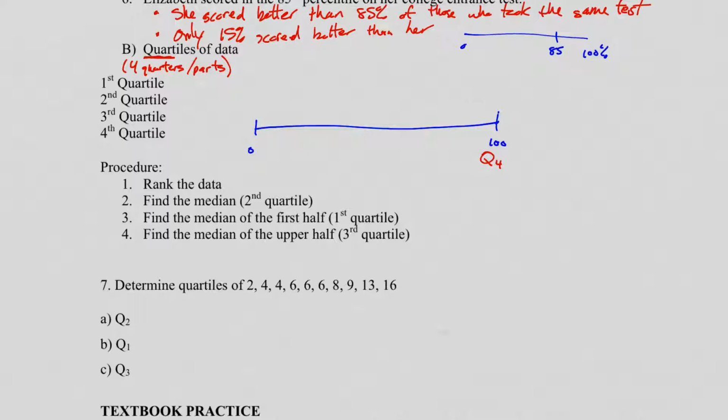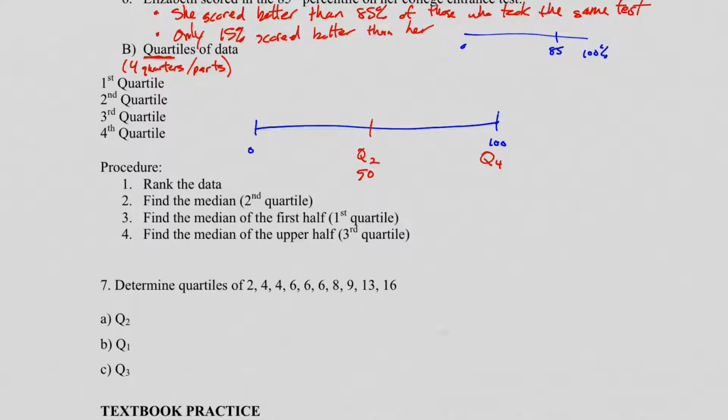Okay? The fourth quartile. Because it contains all 100% of the data. But right in the middle, that would be Q2. The second quartile. All right, which basically represents 50% of the data.